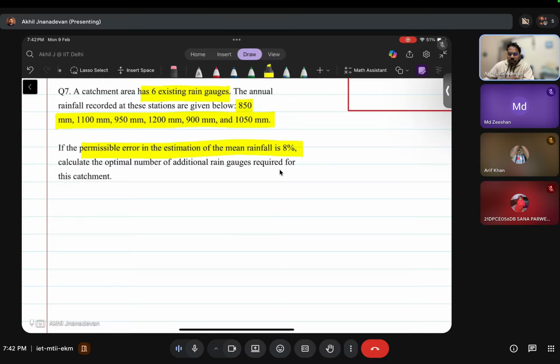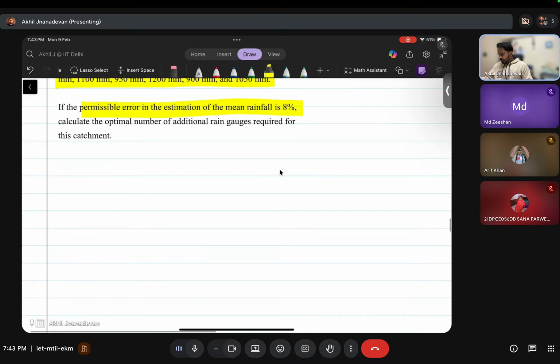But if one rain gauge was reporting something like 250 mm and another something like 2000 mm, such drastic changes would mean the catchment has very heterogeneous rainfall, and we would require more rain gauges to account for the variability. That is the principle we are going to use here.